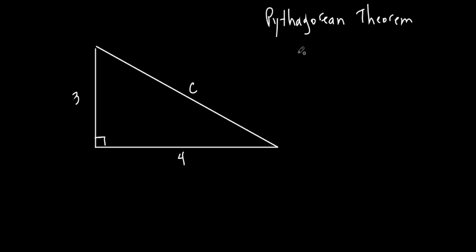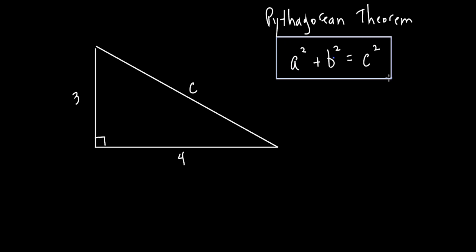Here it is. When I say it's as easy as ABC, it's this: a squared plus b squared equals c squared. It's pretty simple, pretty elegant. ABC, right? A squared plus b squared equals c squared.